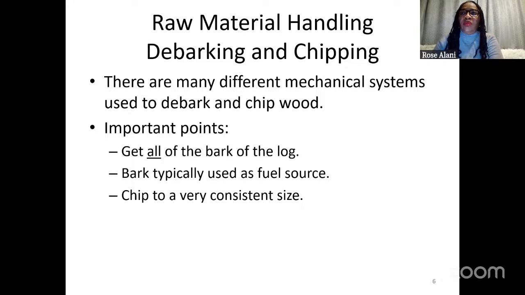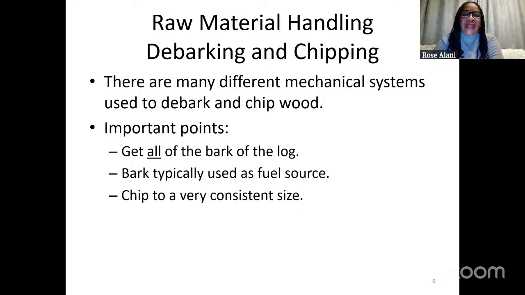You chip the wood, you cut it into chips of the size that's suitable for the pulping. An important point to note is that you should get all of the bark of the log and remove it all.